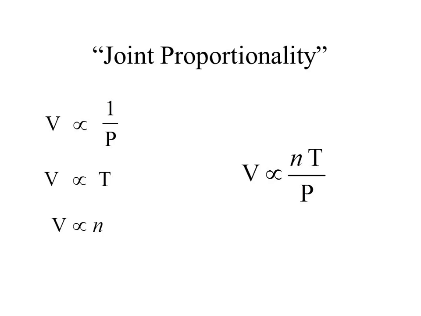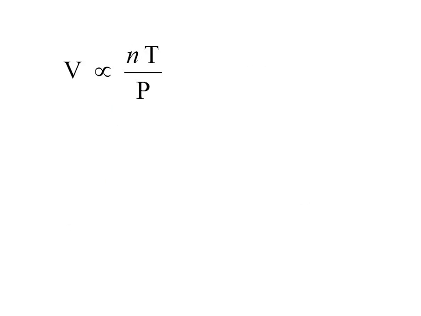Then do you see we are just an equals and constant sign away from where we need to be? I said you can replace that proportionality symbol with an equal sign if you introduce a constant. So I put the K up there.